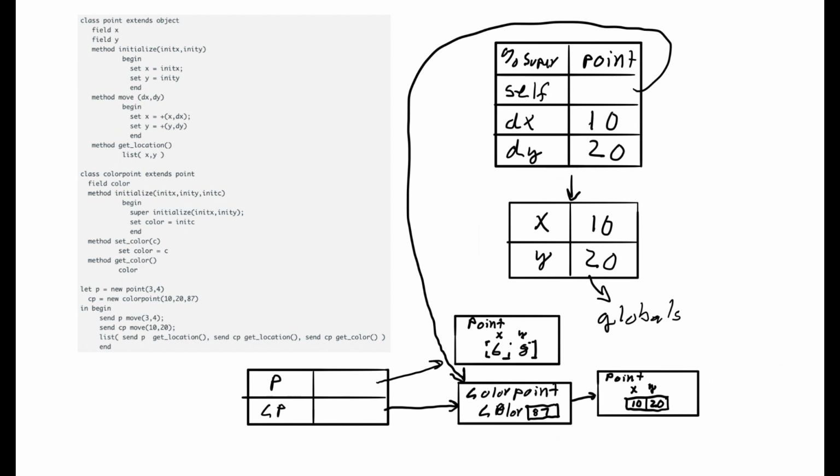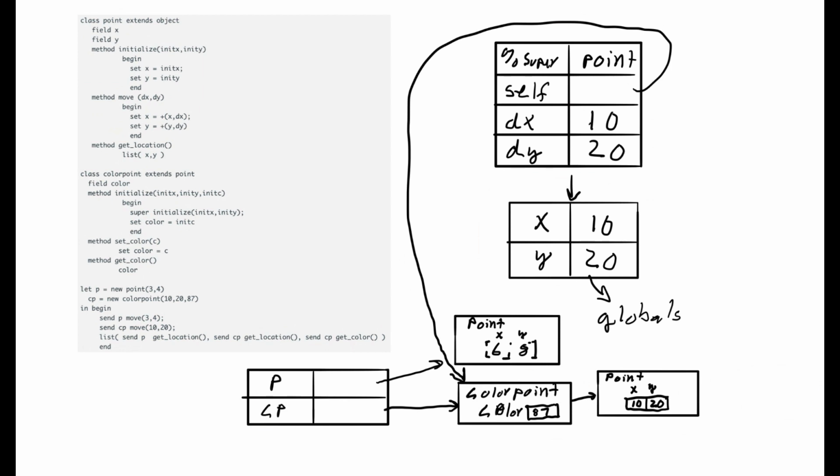Next, again, we're passing in 10 and 20. So we have our dx and our dy. And now look at self is pointing to class color point. And that will help us implement dynamic method dispatch. So if I were to call a method inside of here that gets overridden in the child class, what we'd do is we'd look up self, find this environment, and we'd start looking in the color point class, the child class.